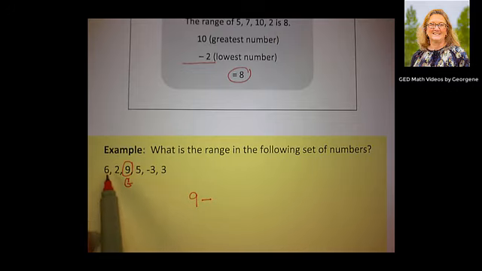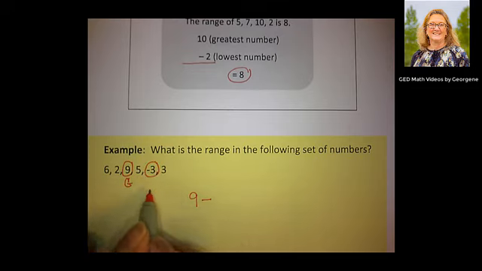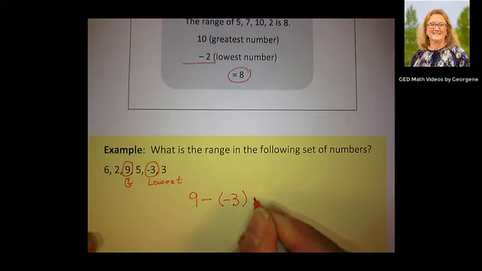If we look through this list of numbers, we can very quickly see that -3 is the lowest number. I'll write that out so we don't confuse that with the greatest number. So we're going to subtract a -3. So 9 minus a -3 is going to be our range.